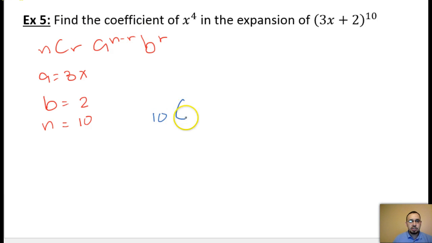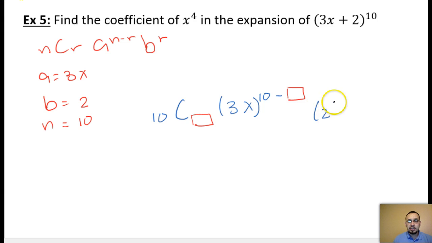We get n choose, I don't know what r is yet, so I'm going to leave that blank. My a value is going to be 3x. So I get 3x to the 10 minus, again, I don't know what my r value is, so I'm going to leave that blank.